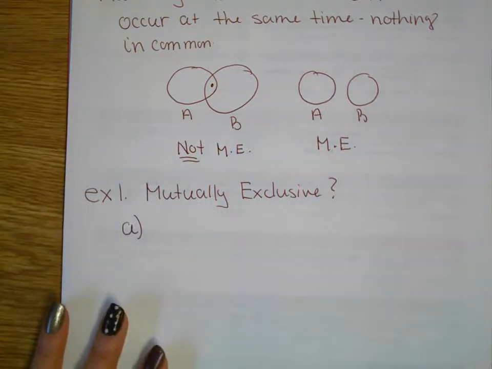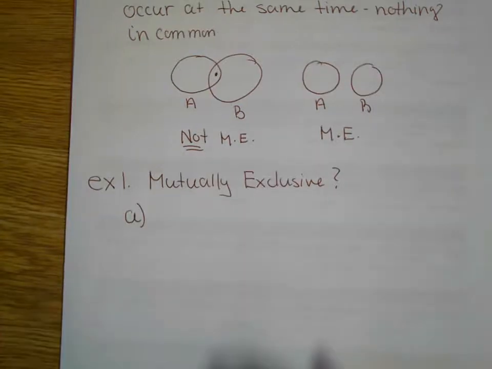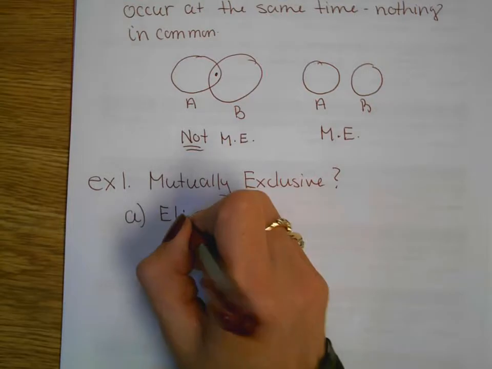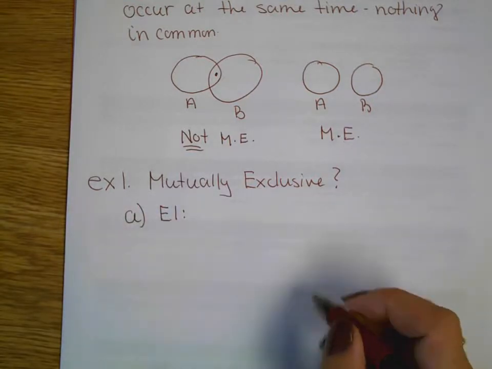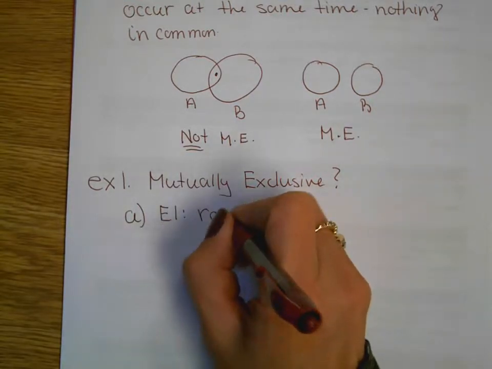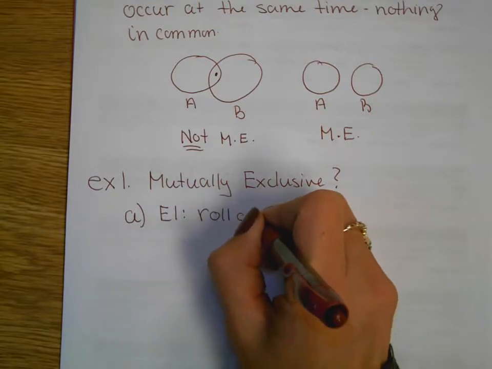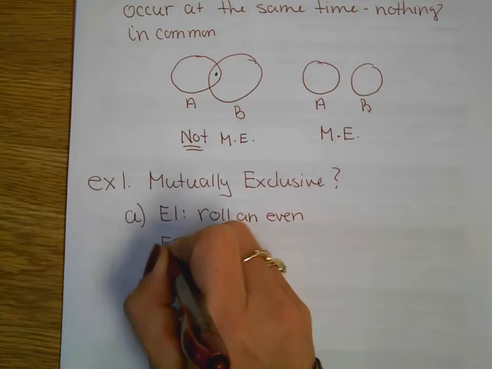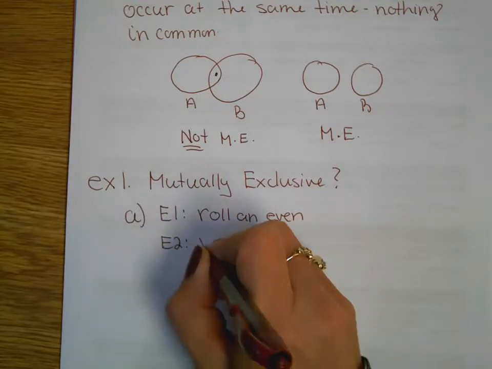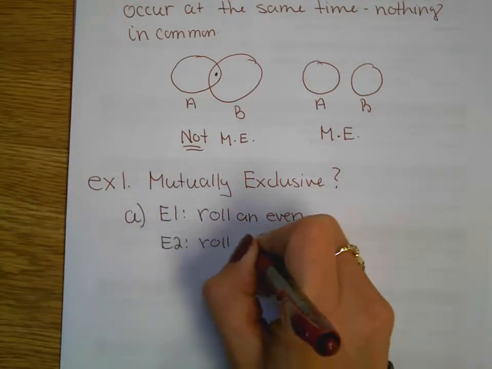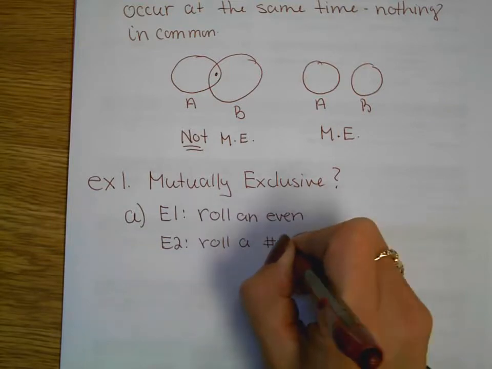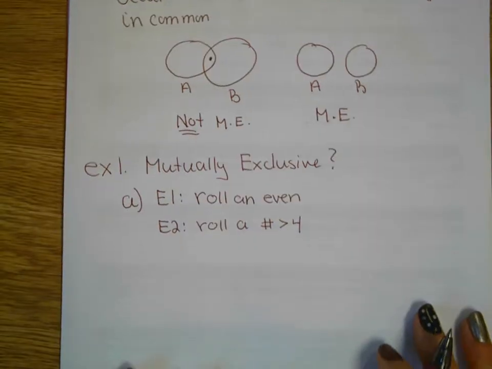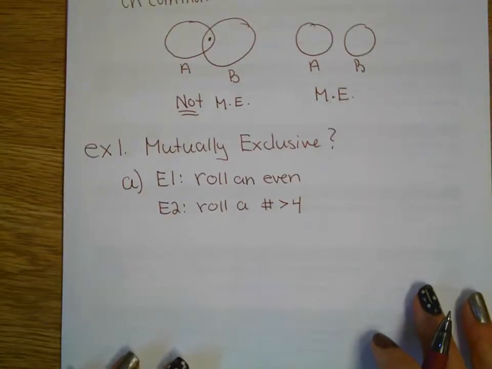Okay, so we're going to look at rolling a die, and event 1, we're going to be looking at rolling an even number. Event 2, we're going to be looking at rolling a number greater than 4. And I'm asking, are those two events mutually exclusive?